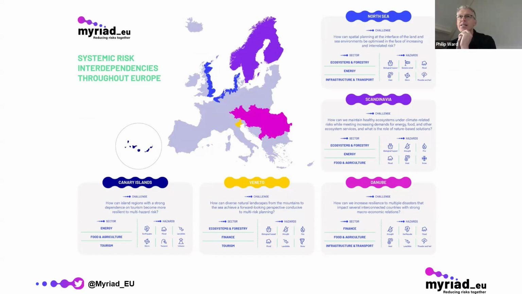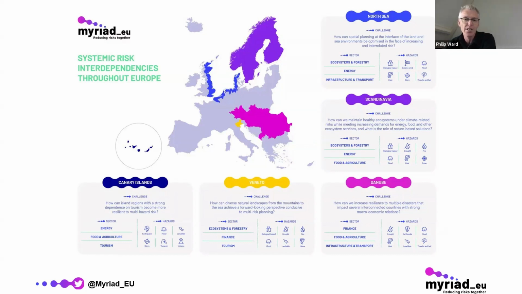And the idea of MYRIAD is twofold. Firstly, we want to develop tools, methodologies, and understanding of multi-hazard risk and how all of these hazards interact to cause risk. But we also have a large focus on how we can better manage those risks by taking this multi-hazard, multi-risk approach.